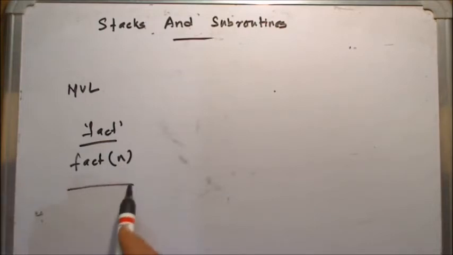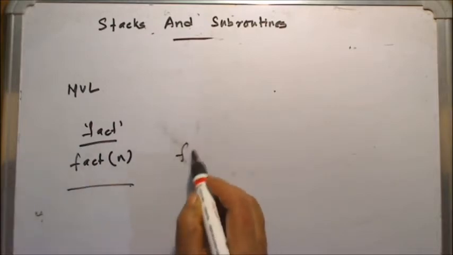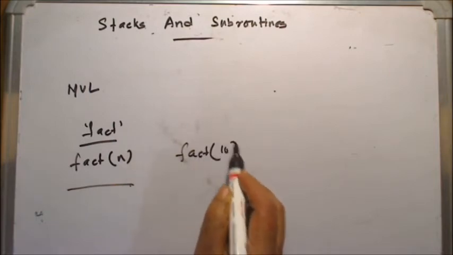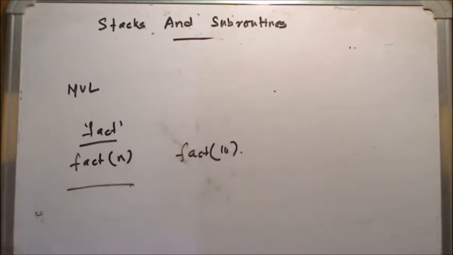So understood what a parameter is? A value passed by the main program to the subroutine. If you write fact 10, that 10 will go to the subroutine. It will find the factorial of 10 and then it will come back.